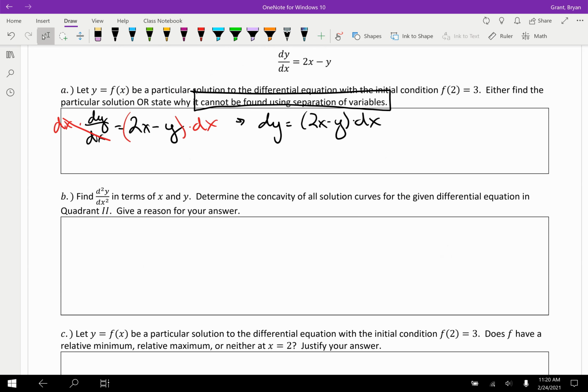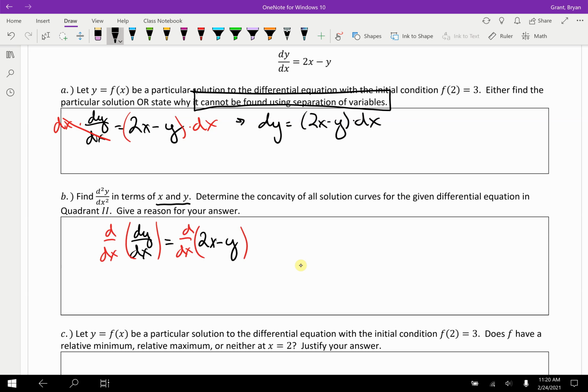Well, first they want us to find the second derivative in terms of x and y. Okay, well, let's look at that. So we have dy/dx, and we've done this a few times now, equals 2x minus y. If we're going to find the second derivative, we need to do d/dx of each side. Nothing bad there.